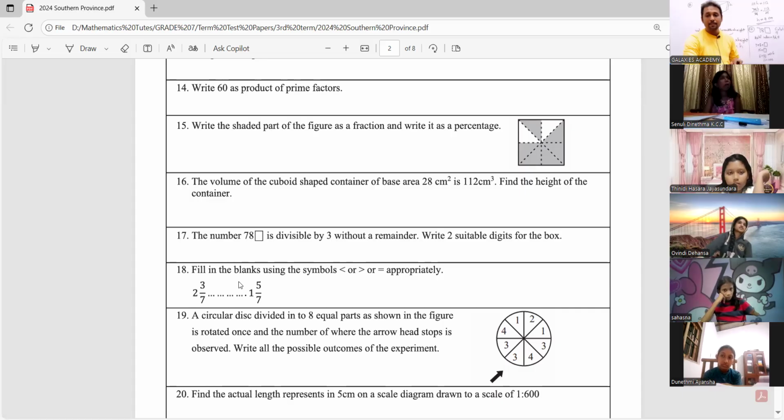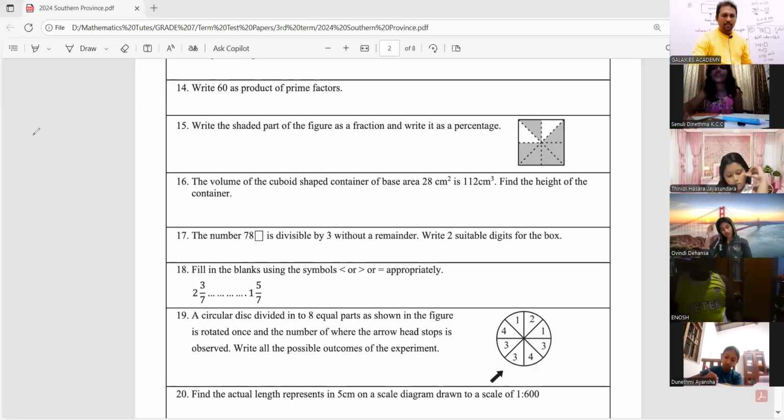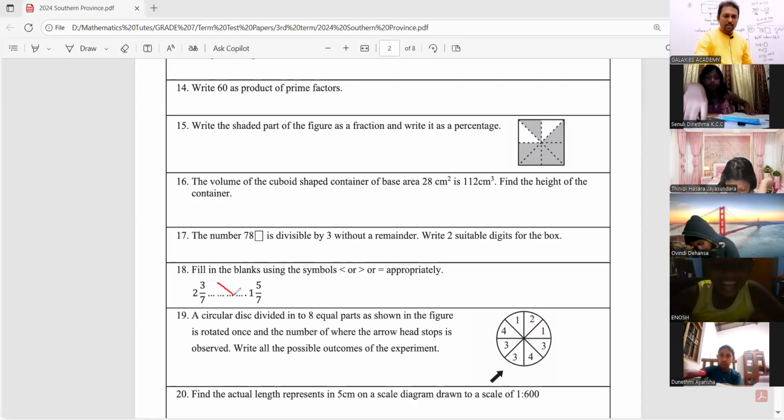Mixed numbers. Then when you compare mixed numbers, first you have to compare the whole number part. What are the whole numbers? 2 and 1. Can you determine which one is larger, 2 or 1? 2. So what is the larger fraction? 2 and 3 over 7. Right. Then you have to open the mouth of the inequality towards the first fraction.